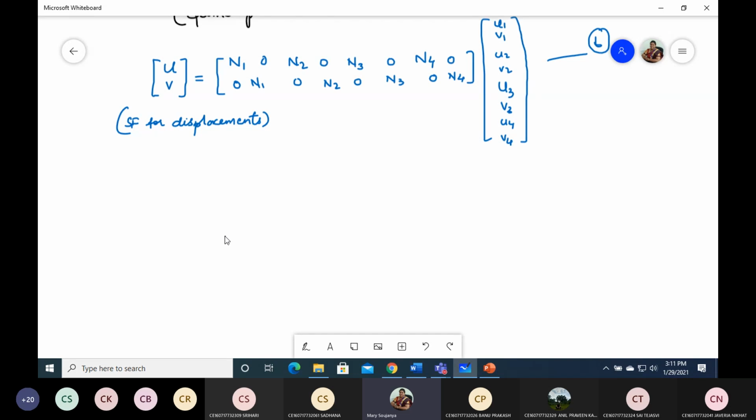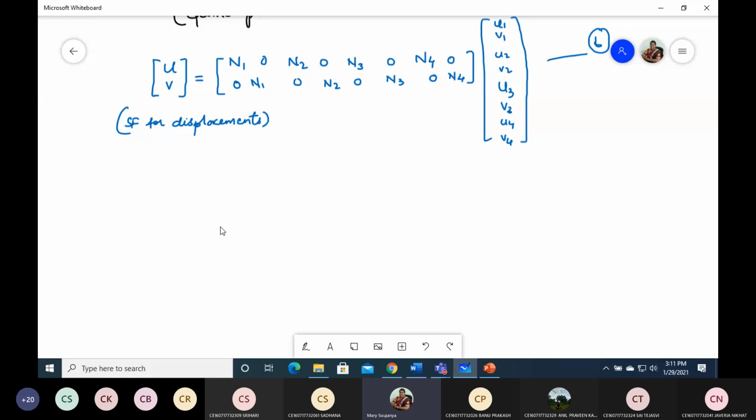What I'm trying to tell you, you have to understand. That is why unit 3 is very important and you must be present. So derivatives of displacements with respect to x comma y will help us get the stiffness matrix.